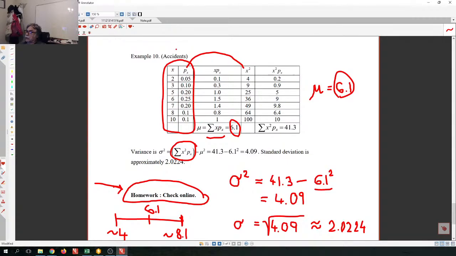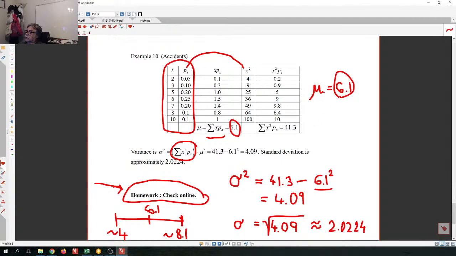So you have the x's, you have the probability masses, you have the x times its own probability mass, the sum is an expectation, then you have x squares, and then you multiply the probability mass times the x squares, you get the fifth row. When you sum that, you get the expectation of a square.